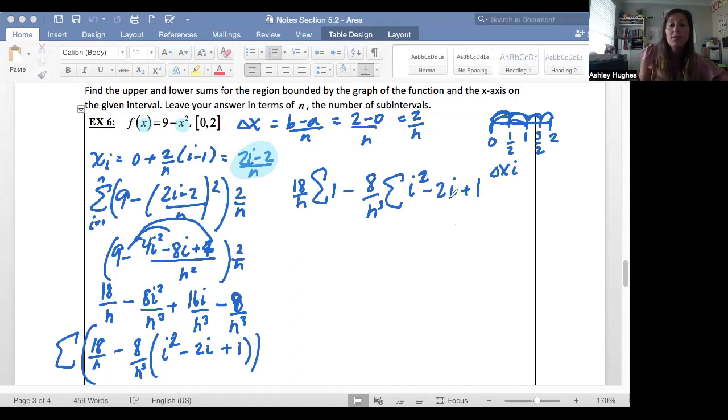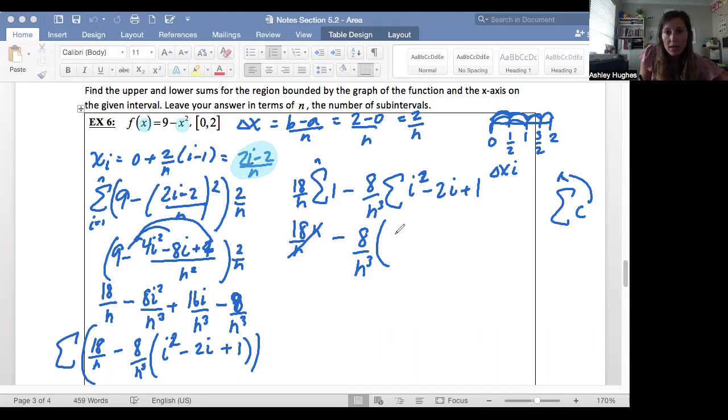All right, so now at this point, we can use the summation formulas that are on the previous example. So I'm going to substitute. When I am summing up c, if you remember, it's always c times n. Well, we just have n in general, so it's going to be 1 times n, which is n. So 18 over n times n gives us 18. Minus 8 over n cubed. Let's go ahead and substitute for each of these.